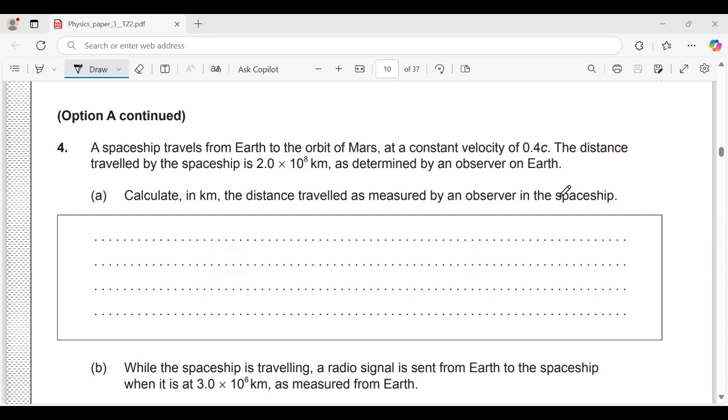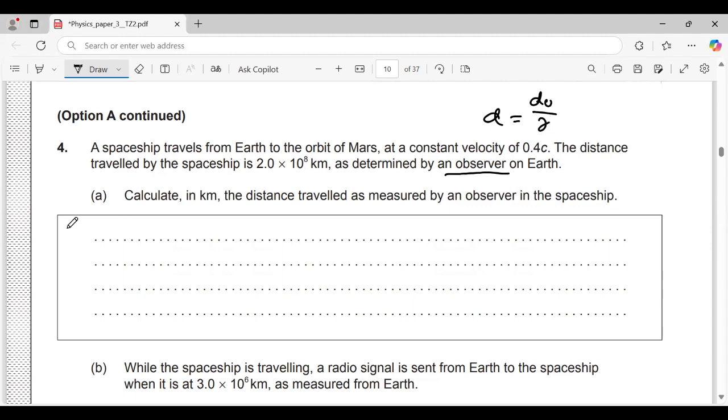Okay. And distance equals d0 over gamma. d0 is the distance as measured by the observer on Earth, this one. And gamma is the Lorentz factor.